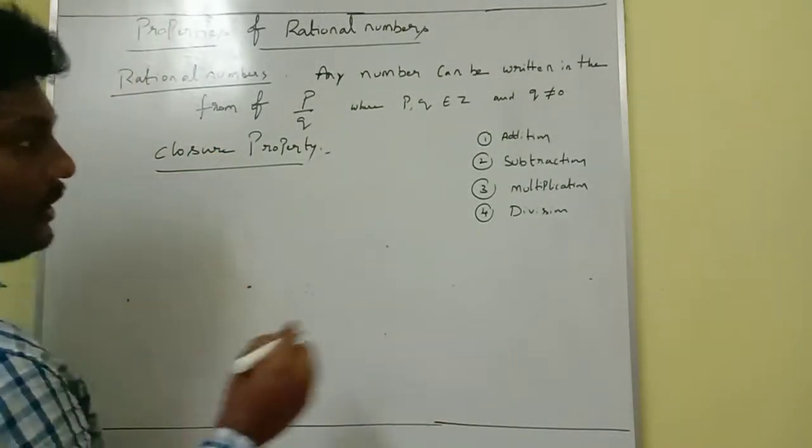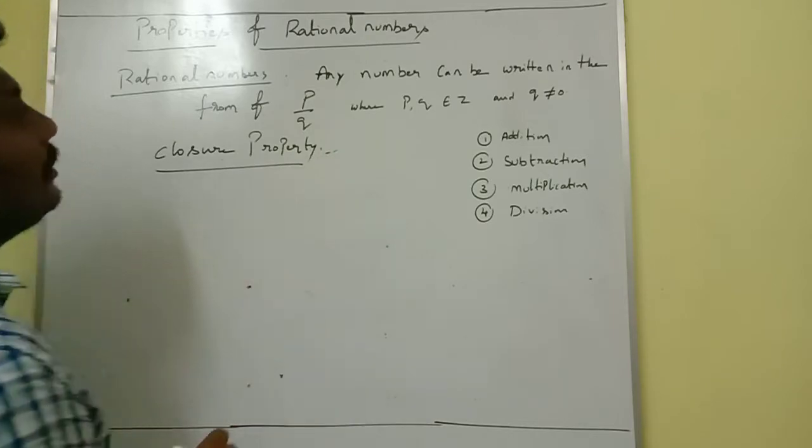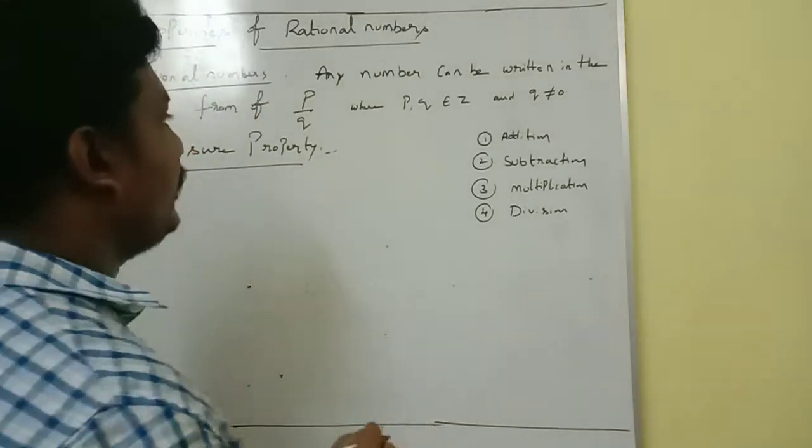Closure property over addition. Let a, b be any two rational numbers.